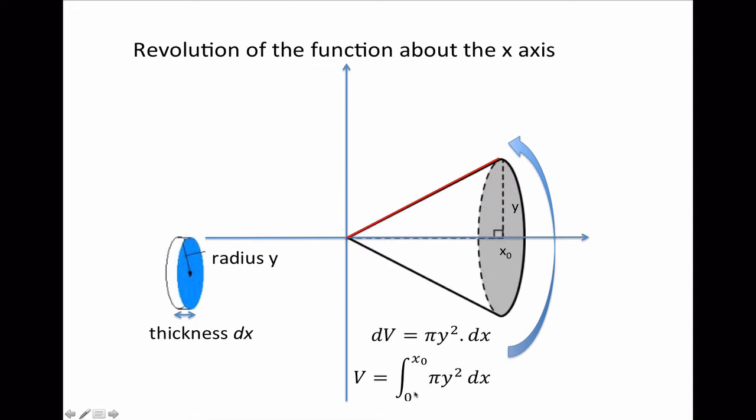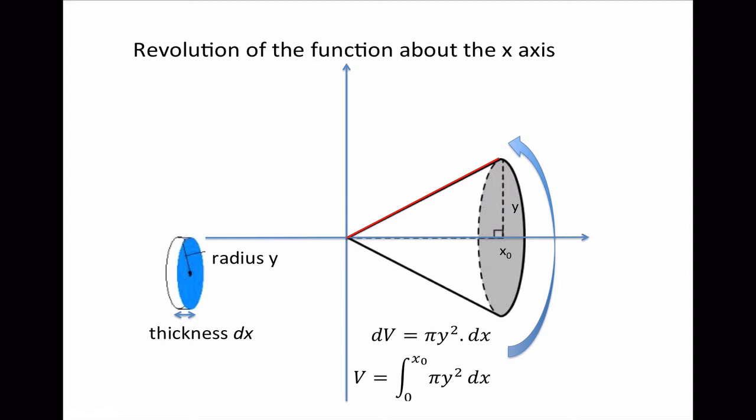So that's what we're saying here: add them all up from 0 to x naught, the volume of these small thin disks. That gives us the total volume of this cone. And that's as simple as that.